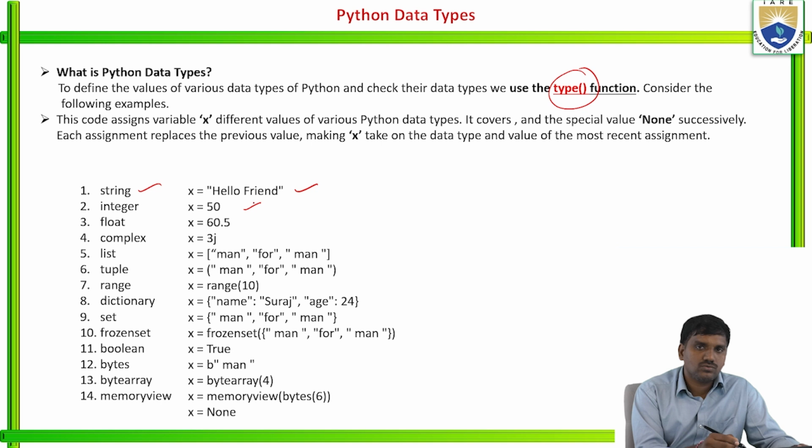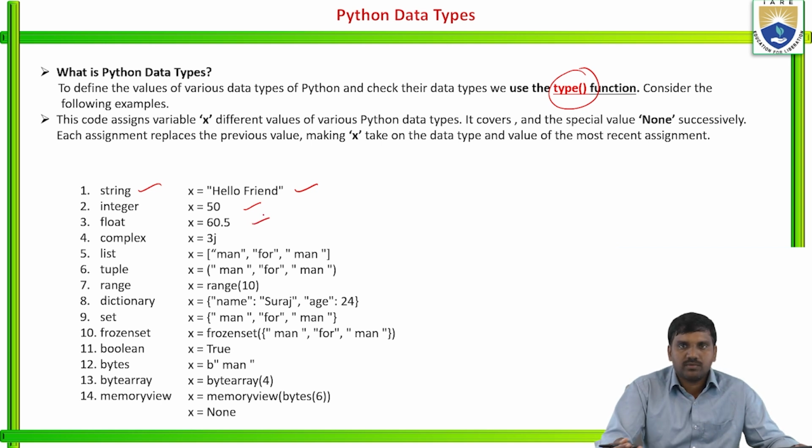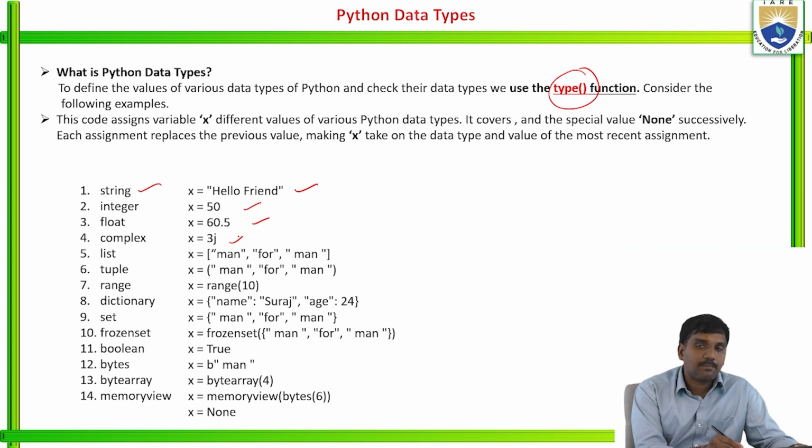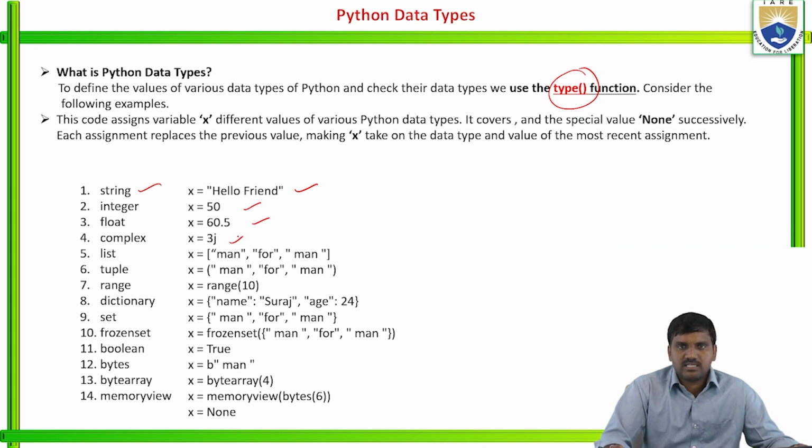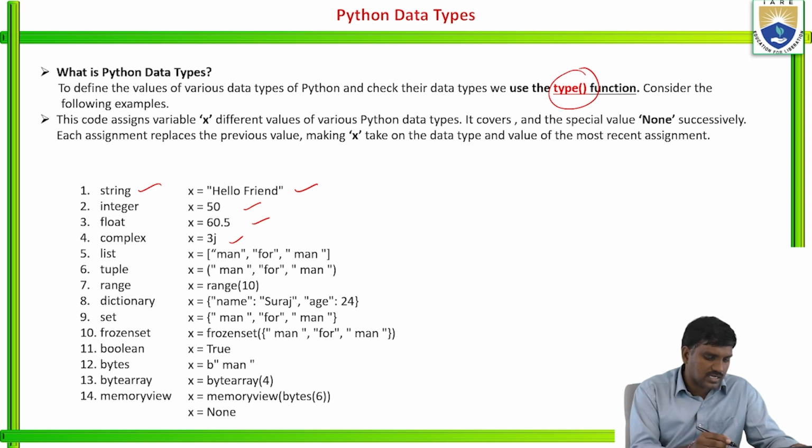For an integer value, x is equal to 50. For a float value, 60.5. Float is nothing but 1.2, 1.3, 1.4: after the point there is a number, that is a float number. A complex number is 2 plus 3j, 2 plus 4j, where the imaginary part is included with the real part. So that is a complex number.